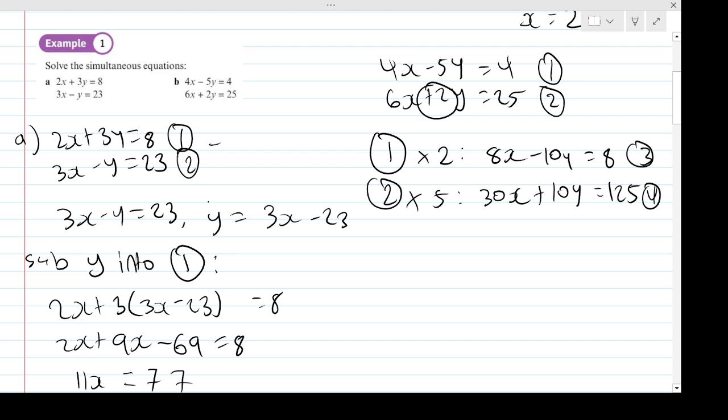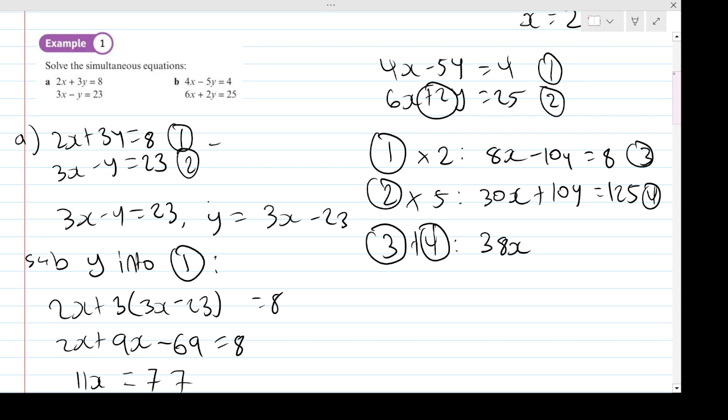Anyway, so we've got these two equations. I notice I matched the y's now. Now to get rid of the y, I can either add or take the equations away. I notice I have a minus and a plus. Well, actually, then if I add the equations instead, I then get minus 10y, add 10y, that goes to 0y, which is 0. So that gets rid of the y. So adding them, because they're opposite signs, I get 8x add 30x, which is 38x.